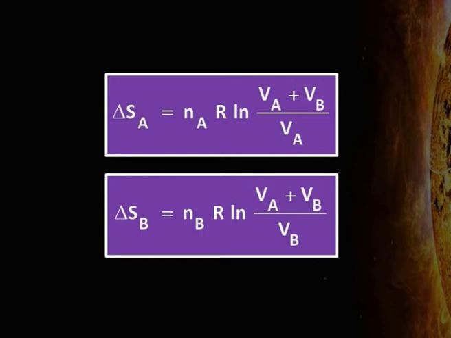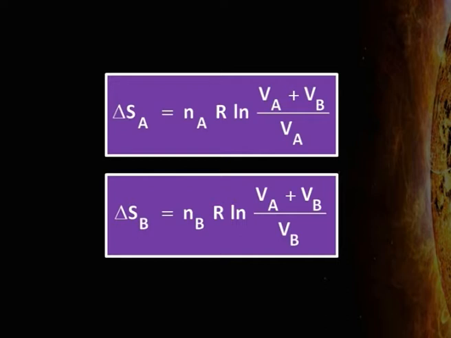Now, you can recall that for ideal gases PV is equal to nRT. We can say that volume is directly proportional to number of moles. Therefore, VA upon VA plus VB can be replaced by Na upon Na plus Nb, and VB upon VA plus VB can be replaced by Nb upon Na plus Nb.